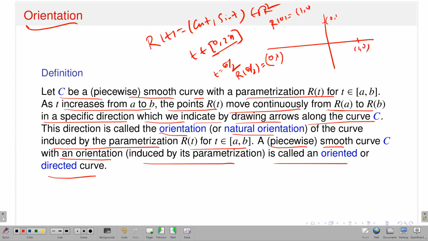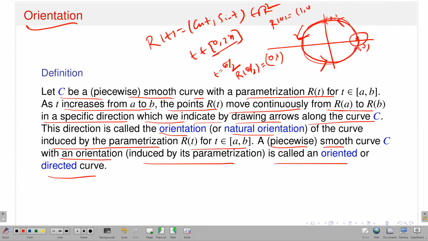I am starting from here and moving in this direction. Finally, the natural orientation is this one, from 0 to 2 pi. If t runs from 0 to 2 pi, I start from the point (1, 0), go in this direction and come back to this point, and this is what is called the natural orientation, or I am saying this is an oriented or directed curve.